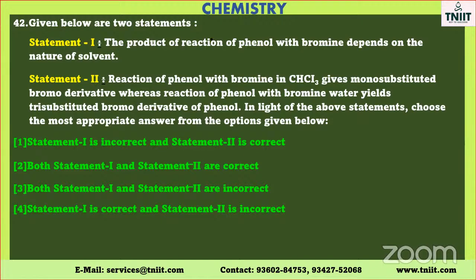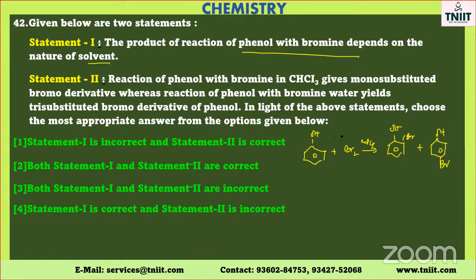Now, the product of the reaction of phenol with bromine depends on the solvent. Very true. Phenol, when allowed to react with bromine in carbon tetrachloride, gives two products: ortho-bromophenol and para-bromophenol, because OH is ortho-para directing and electron donating.